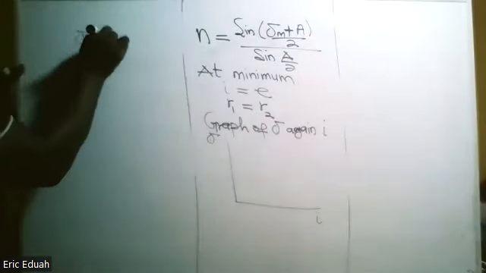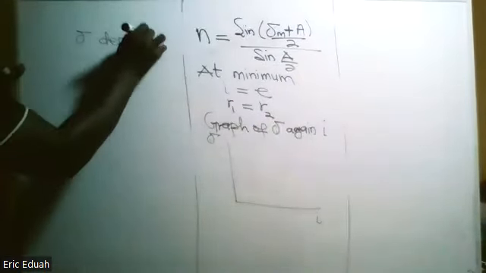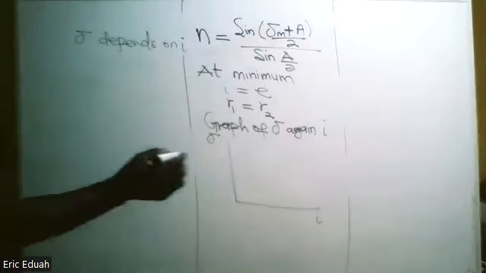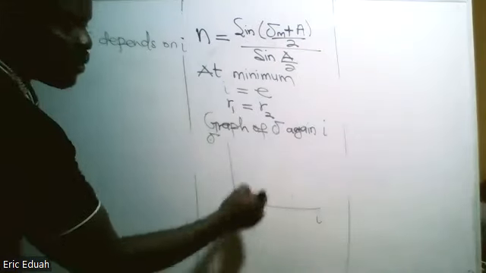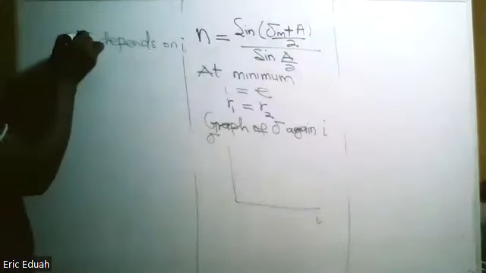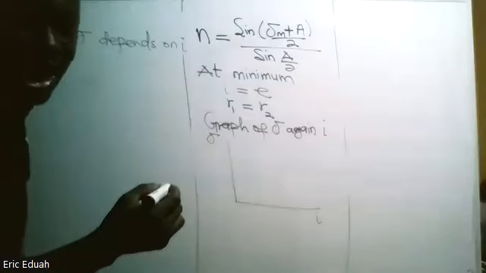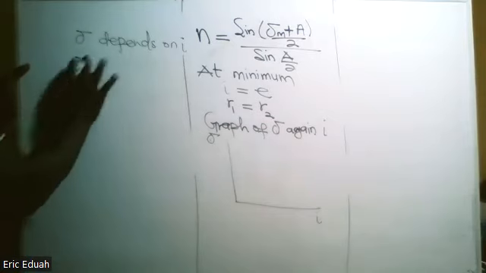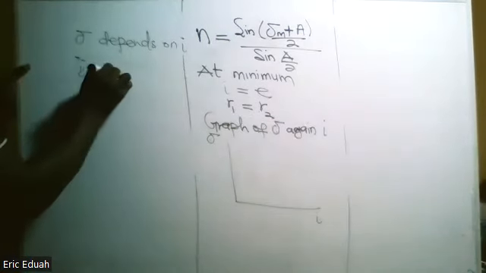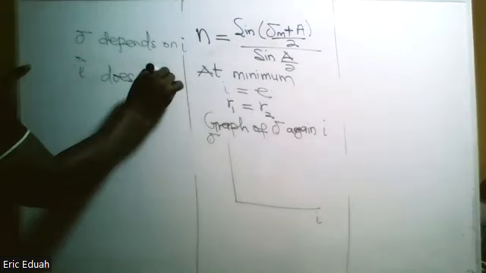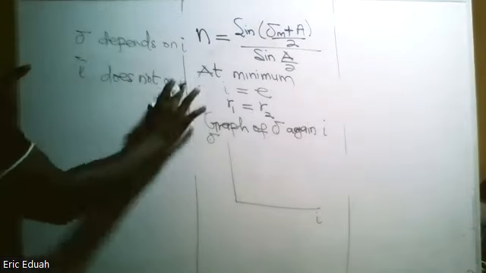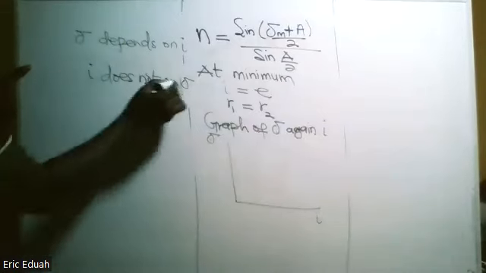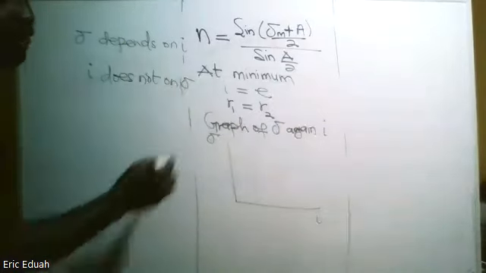Because you see, the deviation sigma depends on I. Okay, so when I changes, we get the deviation within the glass prism. Sigma does not cause I. The angle of incidence does not depend on the angle of deviation.